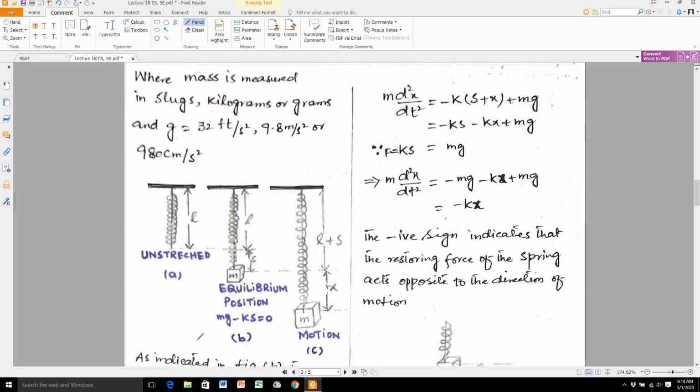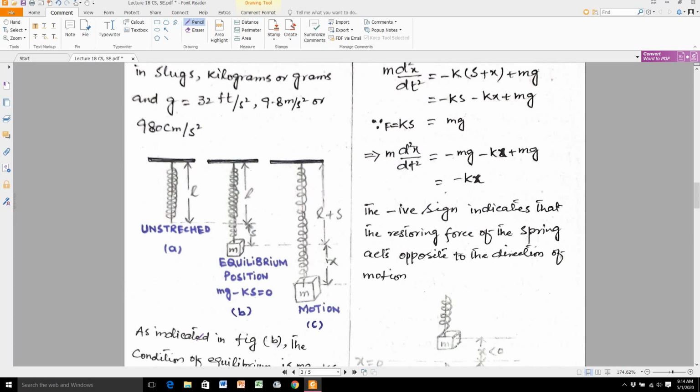Here three positions of a spring are given. Here a spring is attached with a support, and at this point it is unstretched. When a mass is attached with this spring, the spring gets some elongation and changes its equilibrium position.